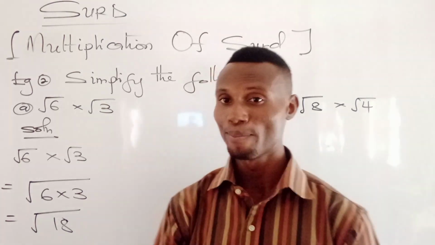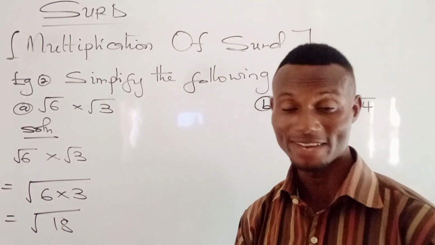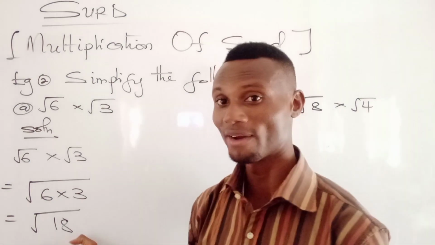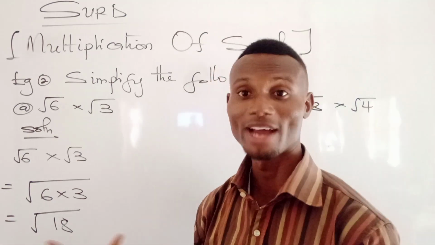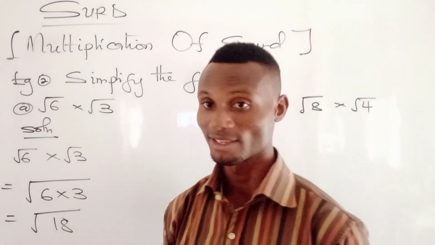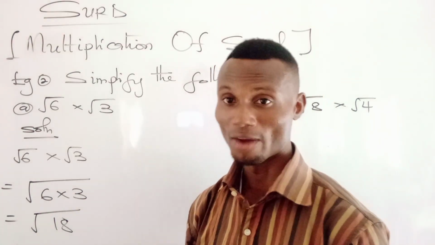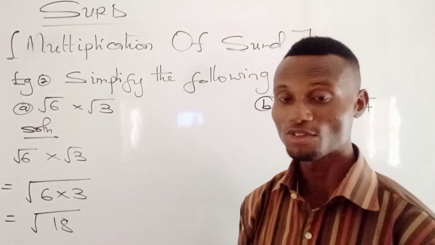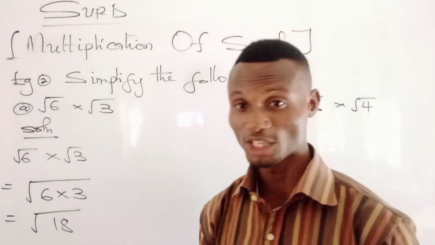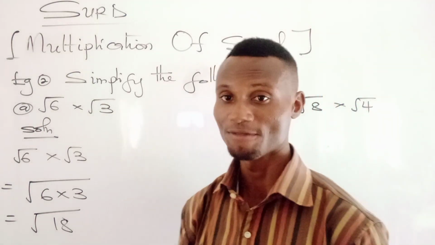We cannot leave it like this. We are not done. If you leave it like this, you might lose some marks when someone is marking your work, so we need to simplify further. We are going to apply the knowledge that we've had on the simplification of SURD to simplify this one.